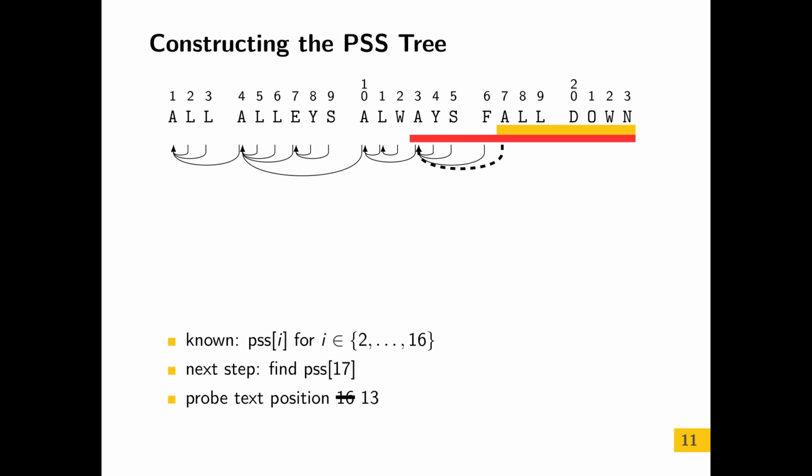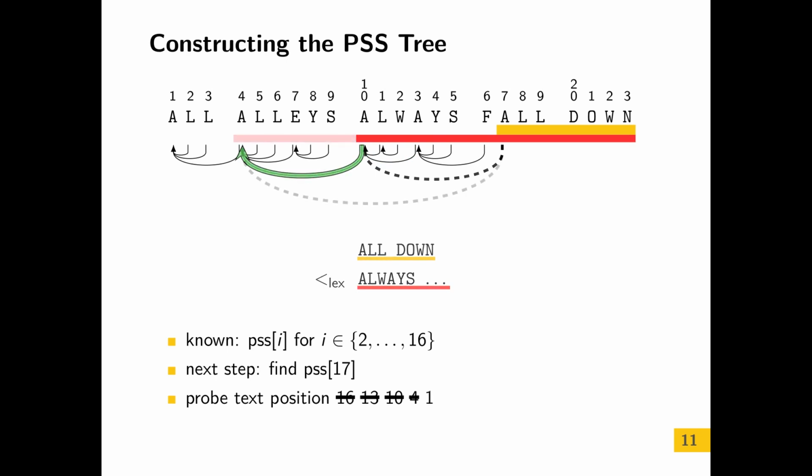Now we continue by comparing suffixes and following existing edges until we reach a suffix that is lexicographically smaller than the suffix all down. Since the suffix a's fall down at position 13 is lexicographically larger, we follow the edge to position 10. Also here, we find a suffix that is lexicographically larger, and we follow the next edge to position 4.